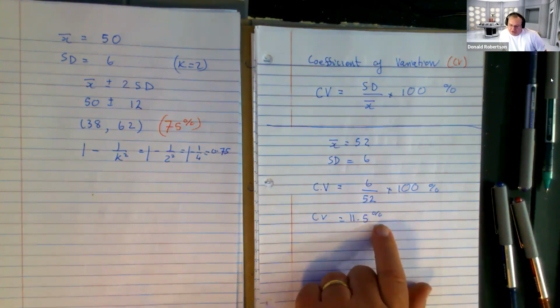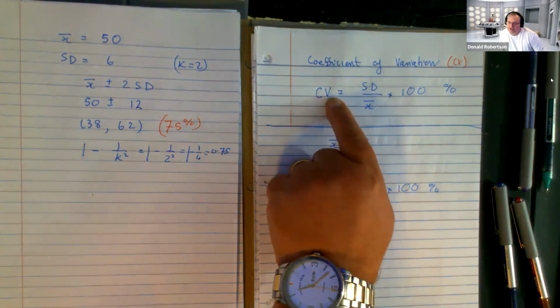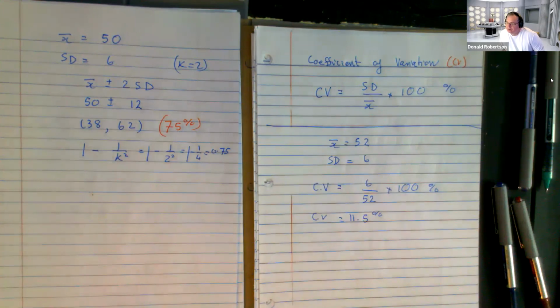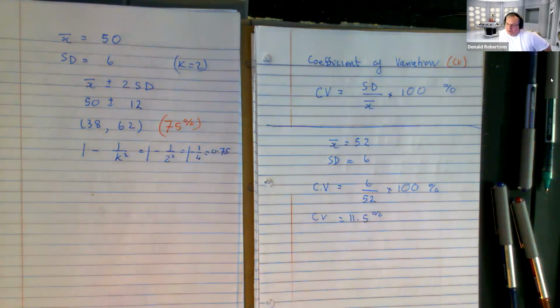Now, what makes this a little bit different from the others is, do you notice that this particular measure of variation uses the mean and the standard deviation together? That's quite helpful, because when you had data with the same variation, but the numbers were totally different, one could be huge, big numbers, but the same distance apart, and some were very small numbers with the same distance apart, in those cases you couldn't tell which was which because the number would be the same for standard deviation and so on.